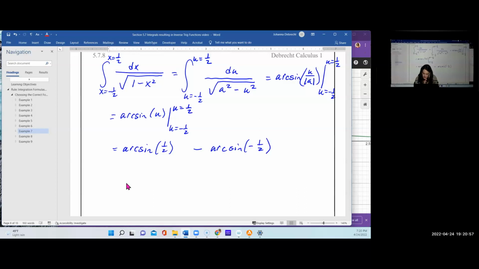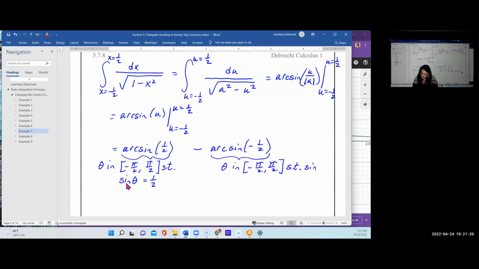Again, this represents the angle theta in the closed interval negative pi over 2 to pi over 2, the domain for arcsine, such that the sine of theta is equal to 1/2. And this one represents theta, again in its domain, negative pi over 2 to pi over 2, such that the sine of theta is equal to negative 1/2.